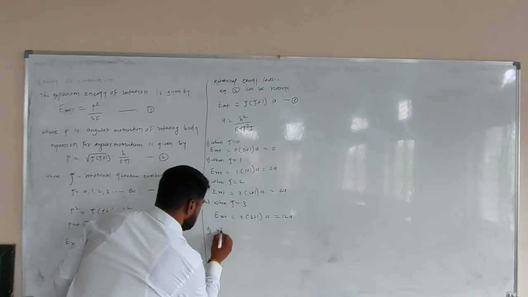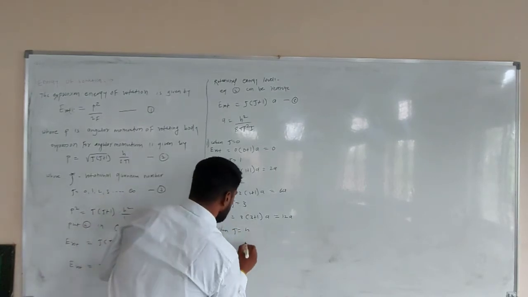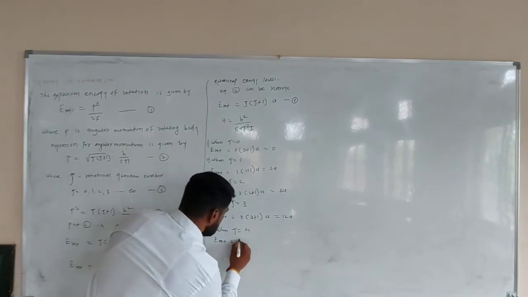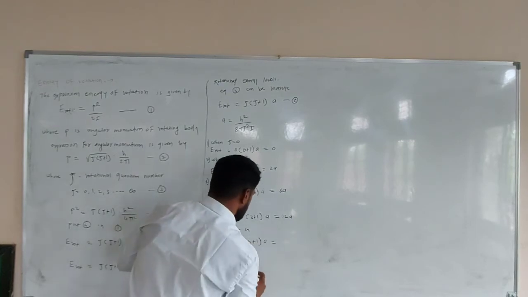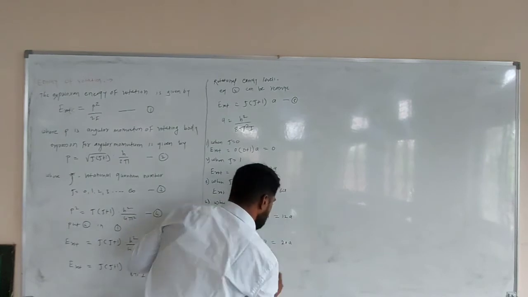When we put the value of J is equal to 4, the rotational energy level is 4 into 4 plus 1 into A, that is 5 into 4, 20A.